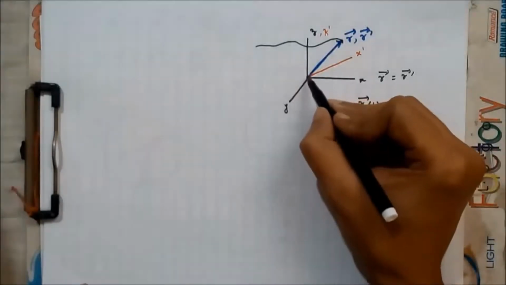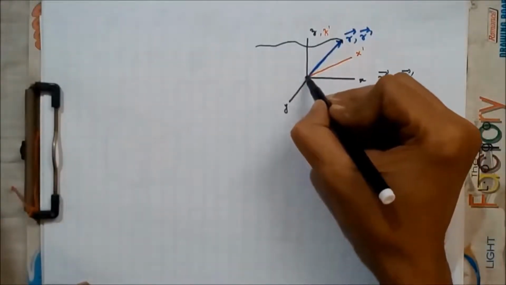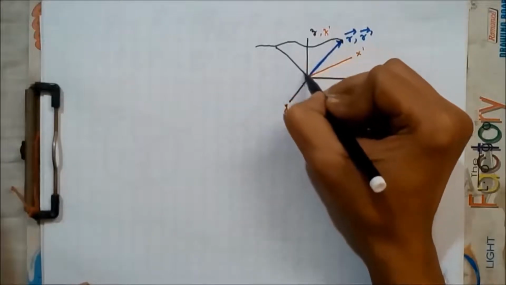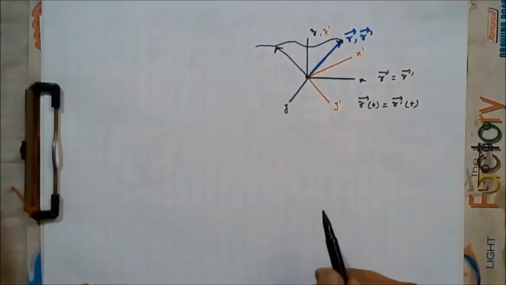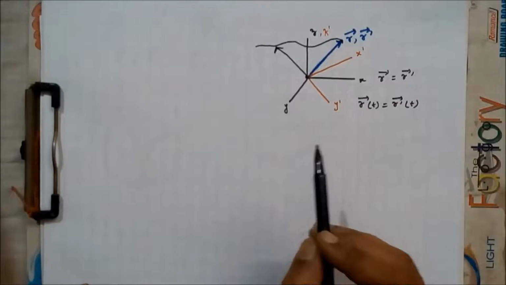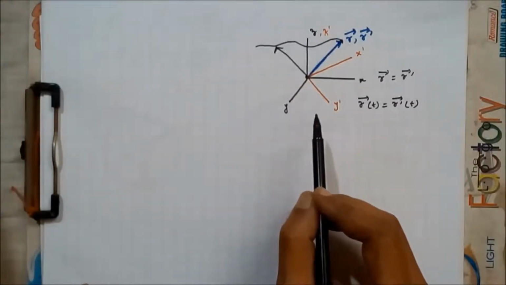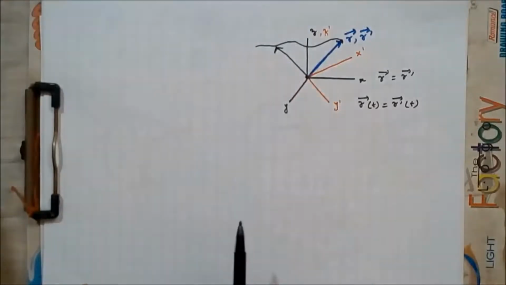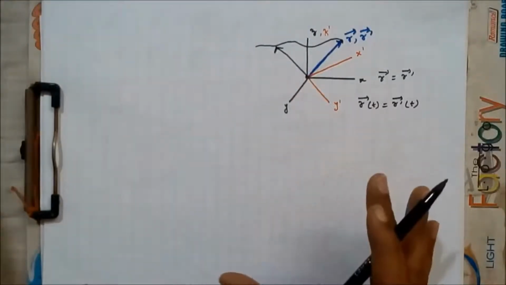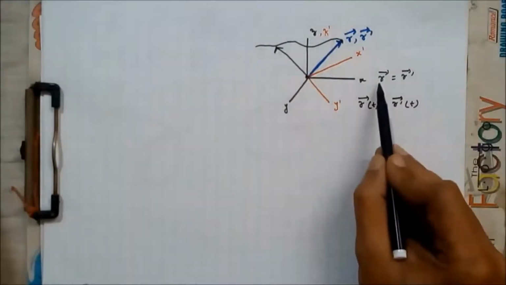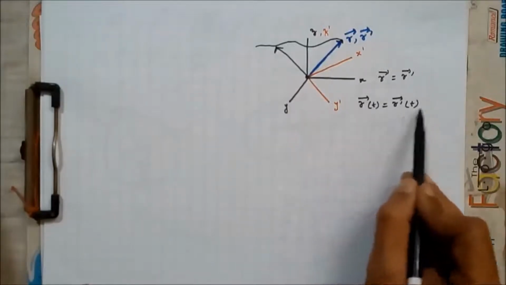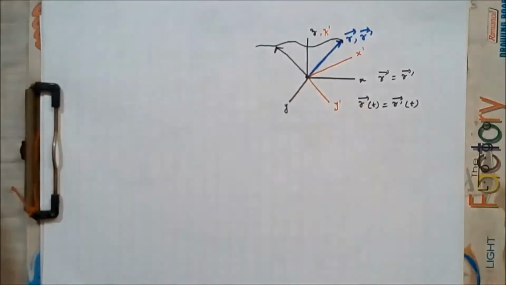So at a different time t, the position vector will be this, and it will have different representations in the 2 different frames of reference, but still we are representing the very same vector from the two different frames of reference, and therefore this equation will be true for all times t as the particle moves through space. That is one point. That is the first point that I wanted to make.